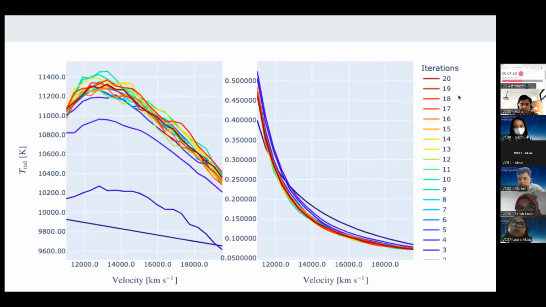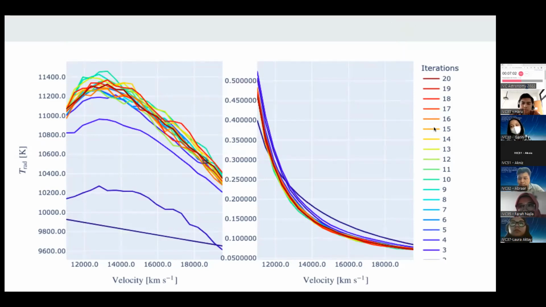The y-axis is the convergence rate, while the velocity is in km per second. With the convergence rate, we see how the simulation is converging to find the solution of each iteration. Each line is also an iteration, the same as the left graph.